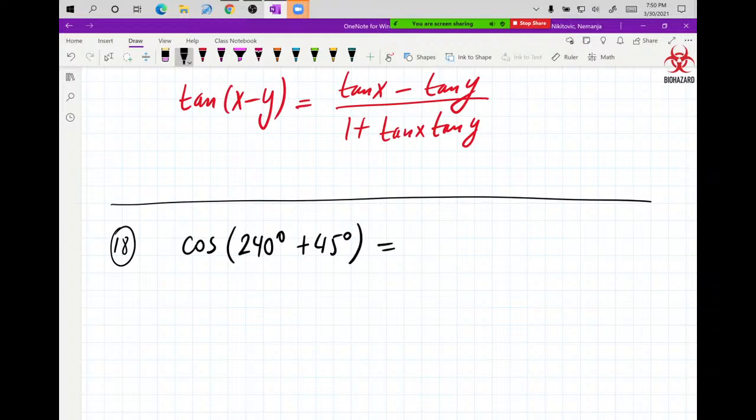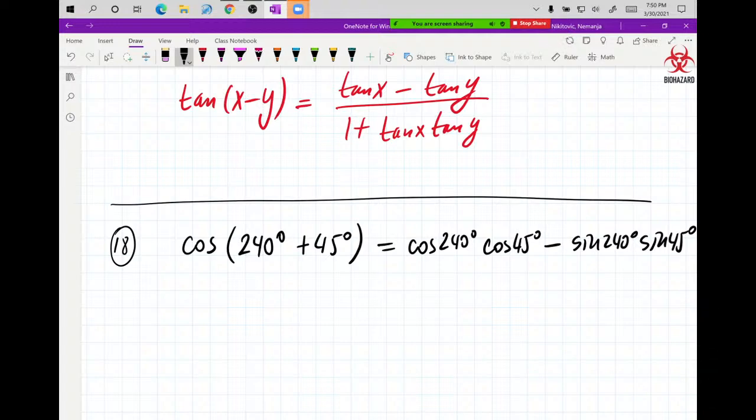Well, you know the formula, which would be cosine 240, cosine 45, change the sign because it's cosine there, and then sine 240 degrees, and then sine 45 degrees. So we know that. Yay, right?